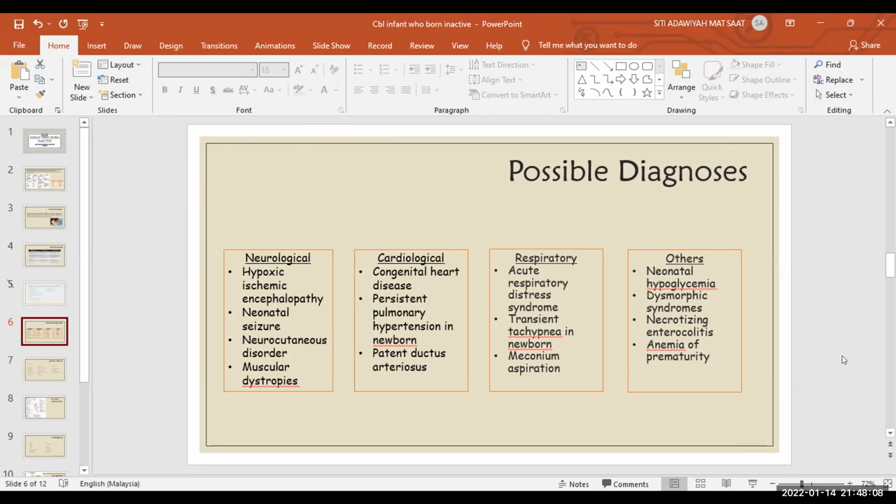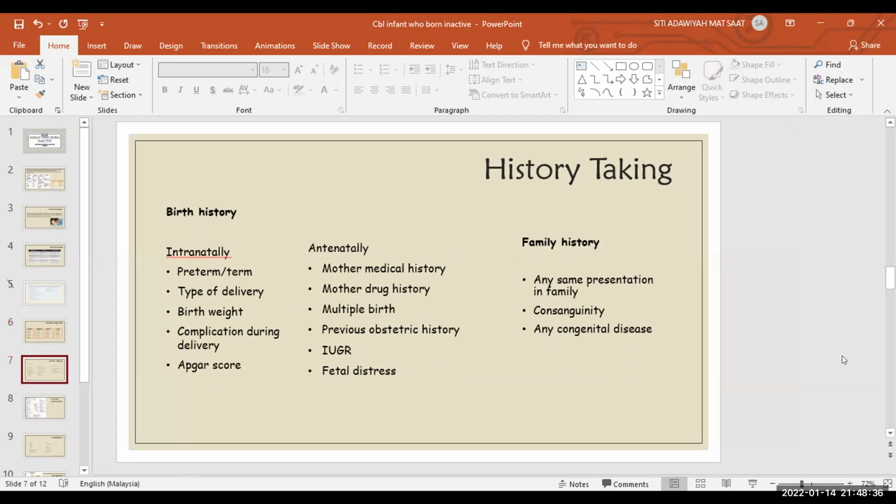For cardiological causes, there are congenital heart disease, persistent pulmonary hypertension of the newborn, and patent ductus arteriosus, which can present in premature babies. For respiratory problems, there are acute respiratory distress syndrome, transient tachypnea of the newborn, and meconium aspiration, and other causes such as neonatal hypoglycemia, dysmorphic syndrome, necrotizing enterocolitis, and anemia of prematurity.